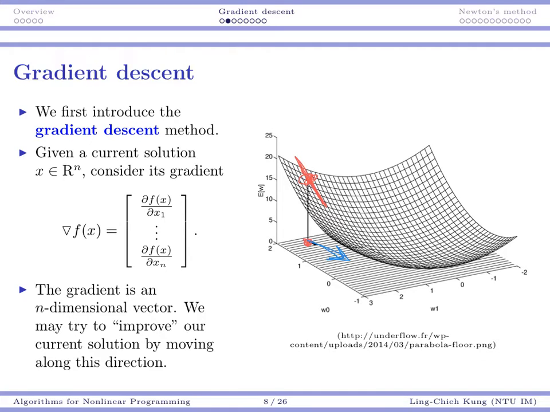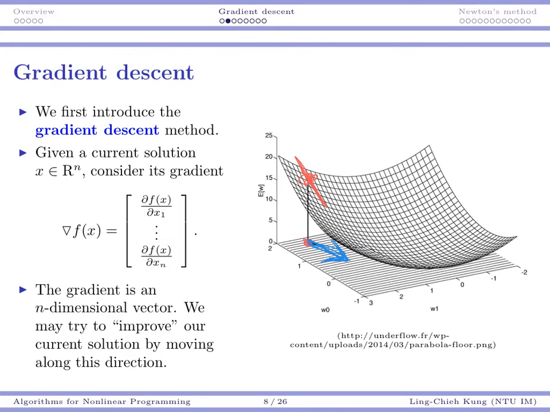Please remind yourself that your gradient is an n-dimensional vector. So your gradient is the blue one, not the red one. Your gradient is a direction to move on your feasible region instead of something regarding your tangent.